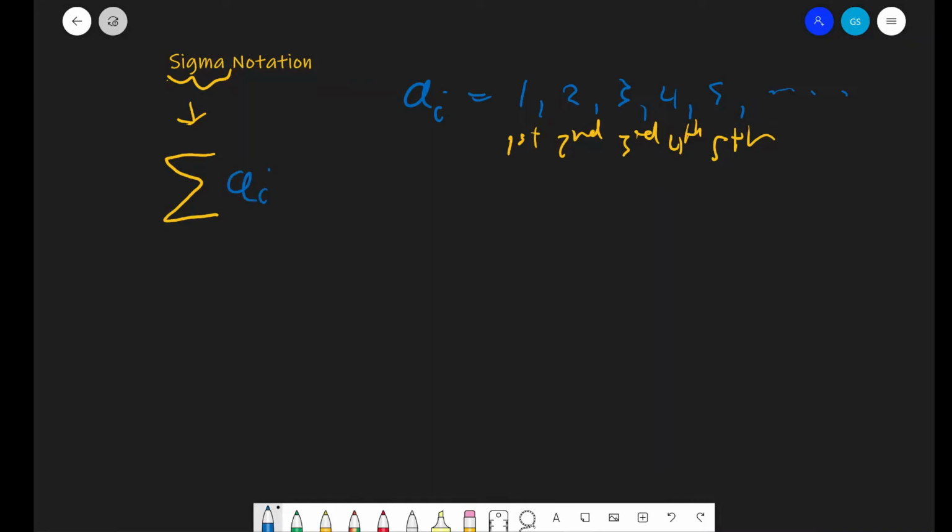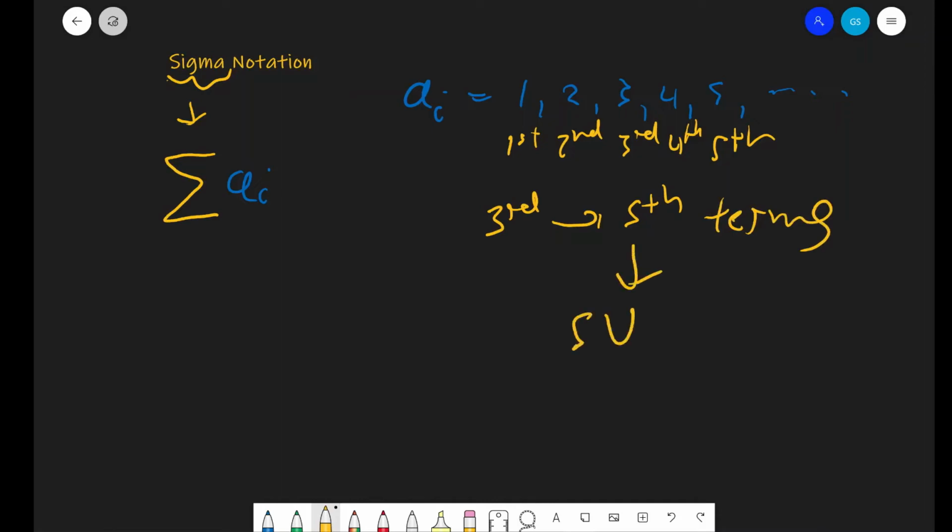And let's say we wanted to find the sum of numbers from the third to fifth terms. We want to find the sum. And so again, this just means sum here.